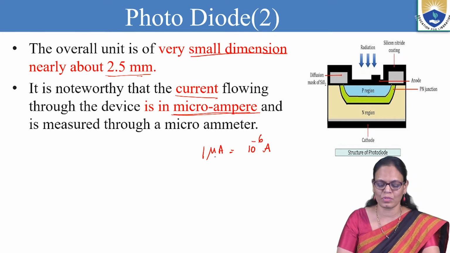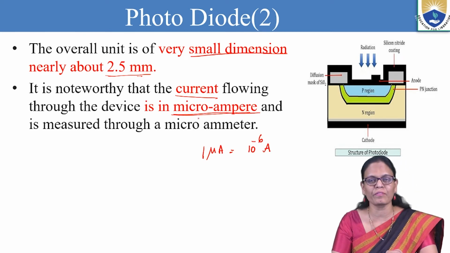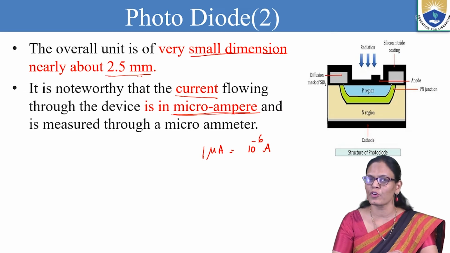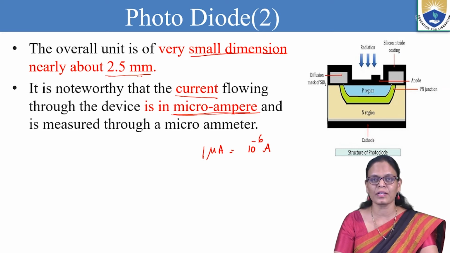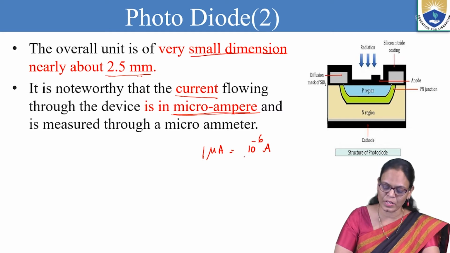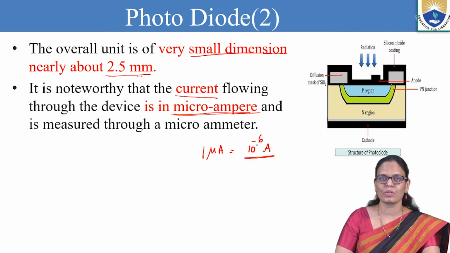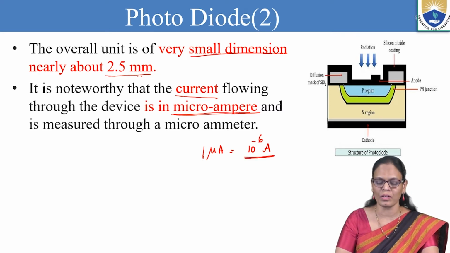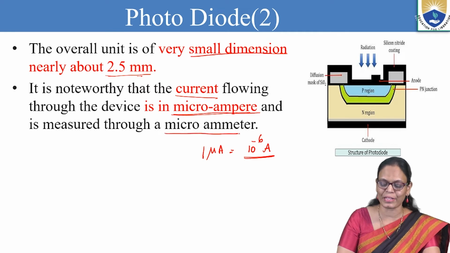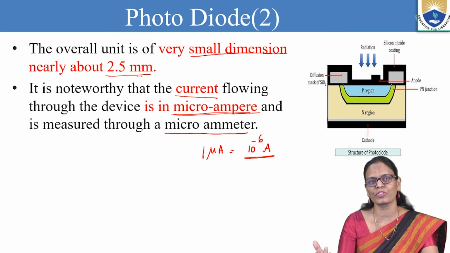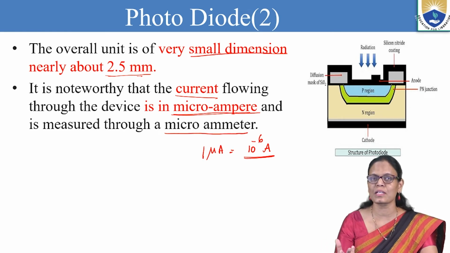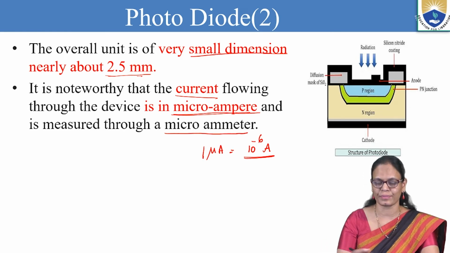So small it is. In the beginning itself we have discussed that the current flowing is minority current, due to minority charge carriers, and here we understand that it is in microamperes, that is 10 power minus 6 ampere. Because the current is very small, we use a microammeter because it is convenient to measure small currents. Instead of using an ammeter, we'll use a microammeter.